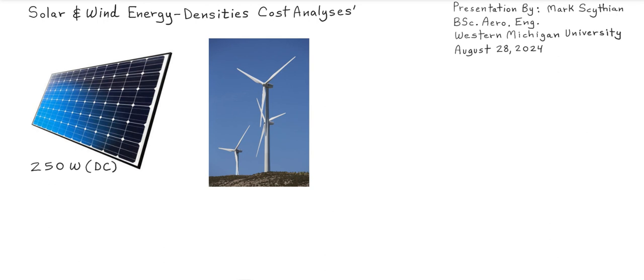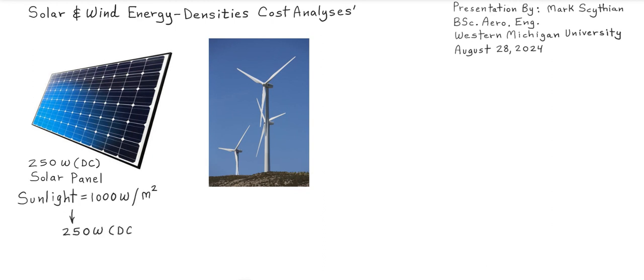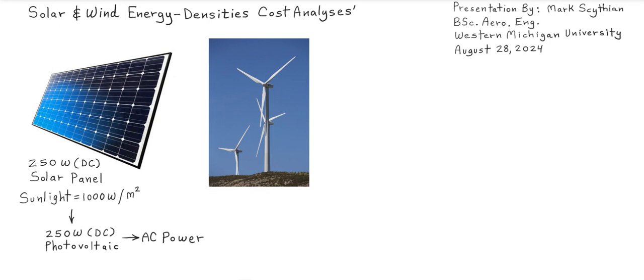We start out with a typical 250 watt DC solar panel, and the sunlight will deliver 1,000 watts of thermal heat per square meter, and through the photovoltaic process 250 watts of the 1,000 watts input power is converted into equivalent DC electrical current, like coming out of a battery, and then the AC power inverter at these generous efficiencies converts 90% of that DC electrical power into AC electrical true power.